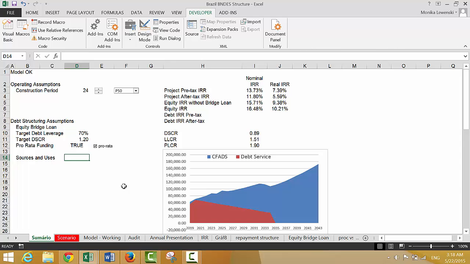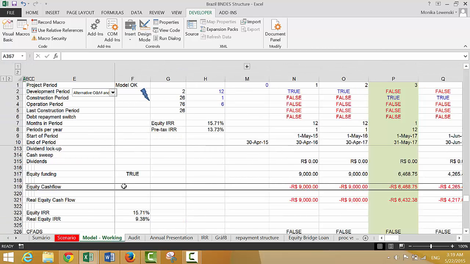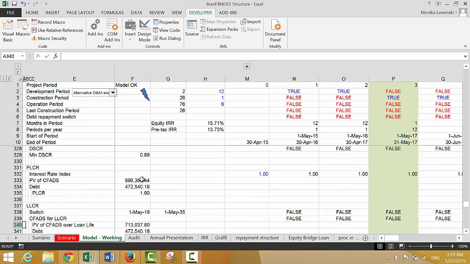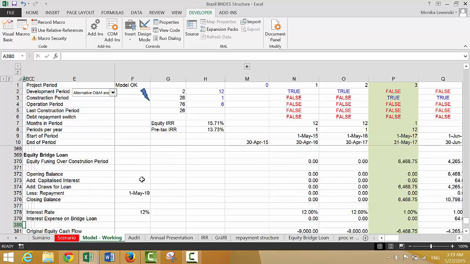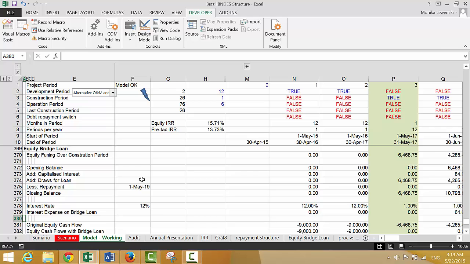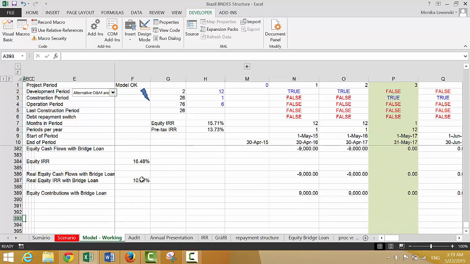I think let's compute the debt IRR. Now what I like to do, and I've done in a lot of other models, is I like to allow for a debt default. But we haven't done that, and I'm not going to do that right now. So maybe we put debt.